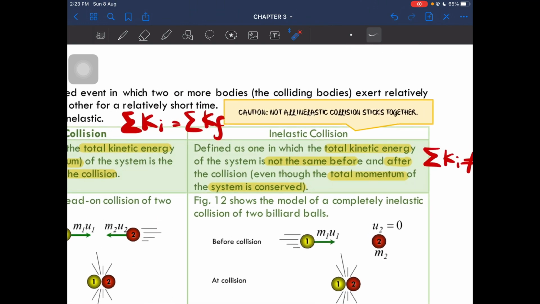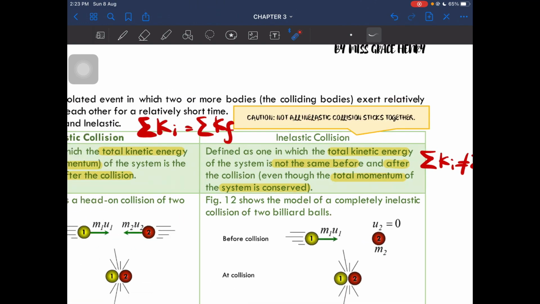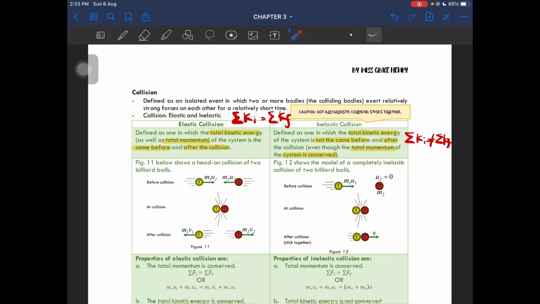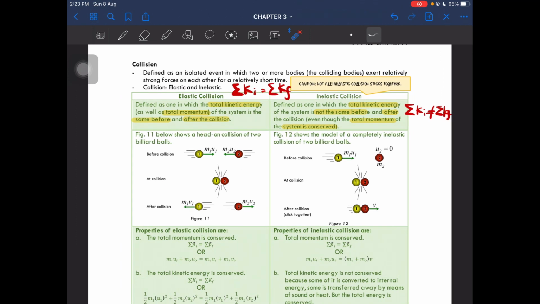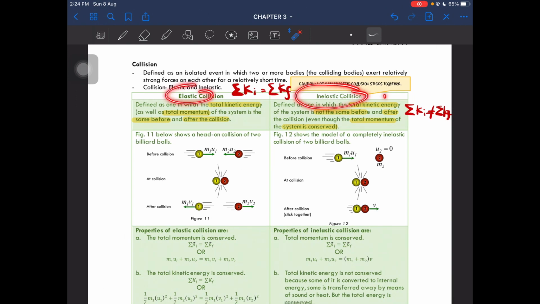However, you should note that not all inelastic collisions stick together. What makes them different is just the kinetic energy. That is all you need to determine in order to know if it's an elastic or inelastic collision.